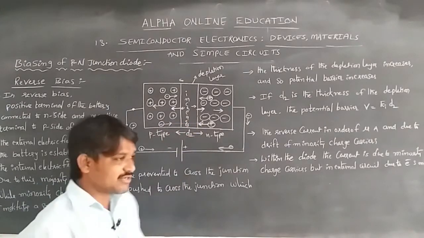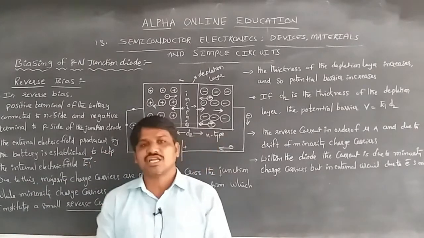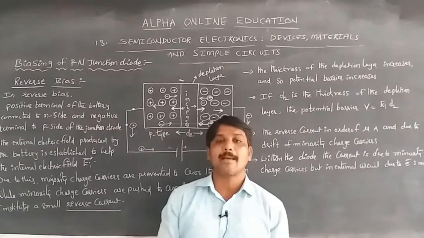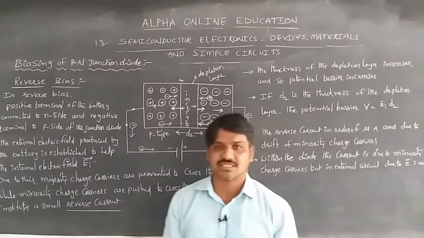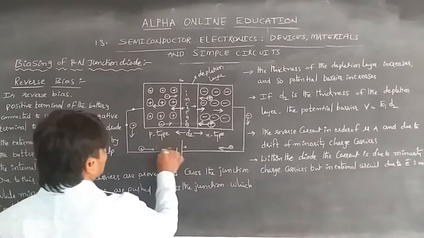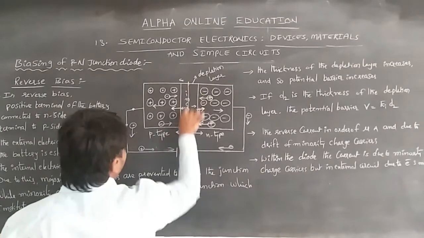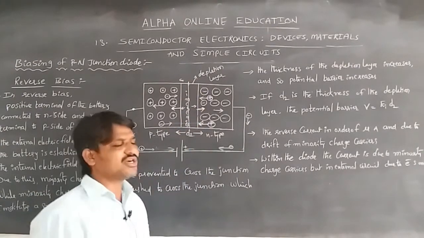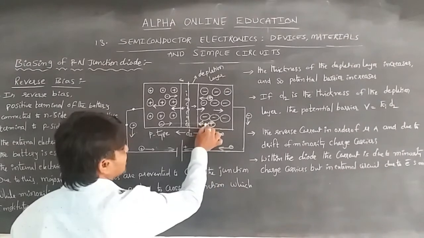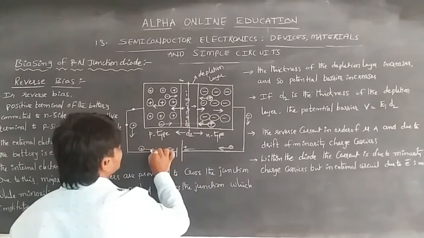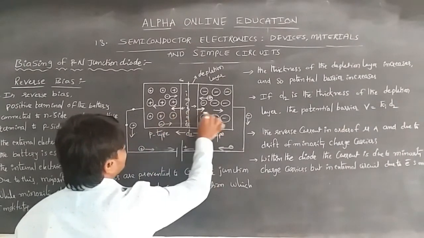The conduction, meaning the current flowing through the junction diode in reverse bias, is due to the minority charge carriers. Whenever the minority charge carriers move at the junction, the reverse current flows: the total negative charges move in this direction and the total positive charges move in that direction.